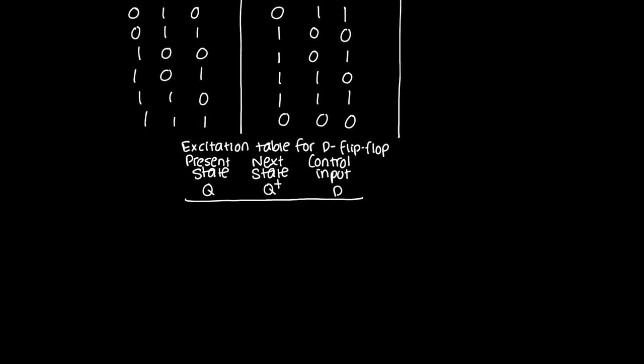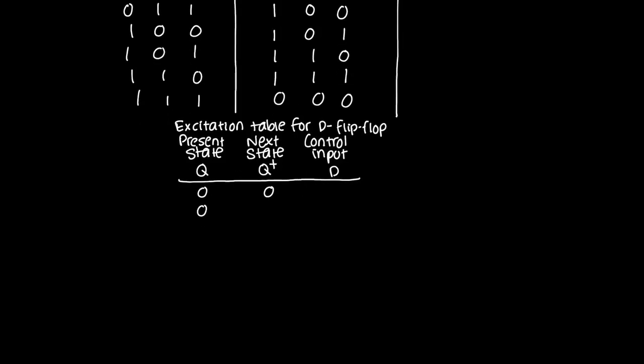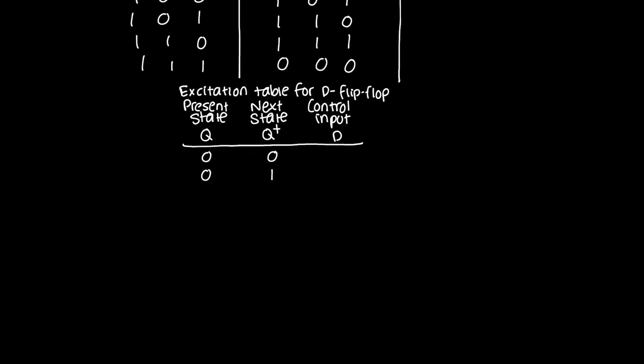So what are my possibilities? My possibilities are that my present state Q is 0, and my next state, I want it to be also a 0. Or I could say that my present Q output is 0, but I want my next state to be 1.